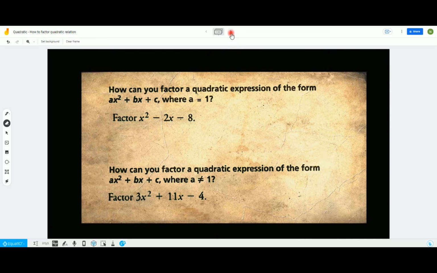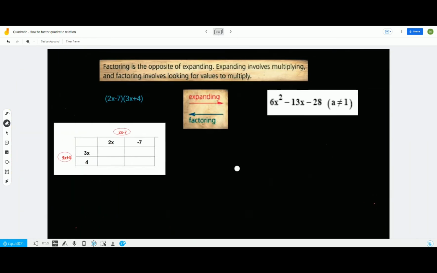So let's get started. First of all, let's look at what is called factoring and what is called expanding through examples. This is the factored form, two binomials multiplied together. This is the expanded form, the standard form. From this side to this side is called expanding, and from this side to this side is called factoring.